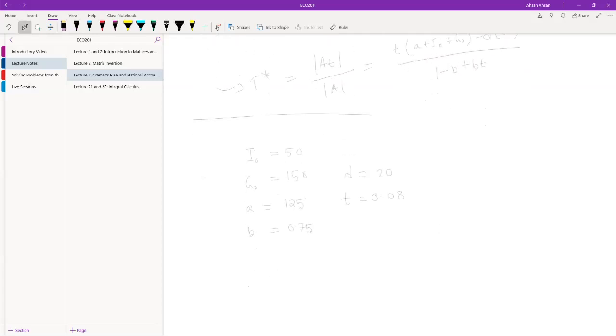Now if we construct the three equations that we had, we get Y equals C plus 50 plus 150.